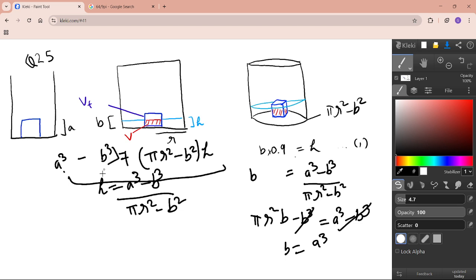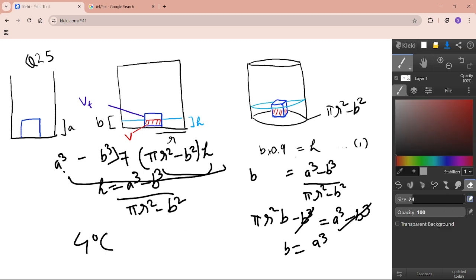A cube minus b cube is the volume of ice, and pi r square minus b square times h is the volume of water. It's less than this, because water is denser. The maximum density of water is at 4 degrees Celsius.